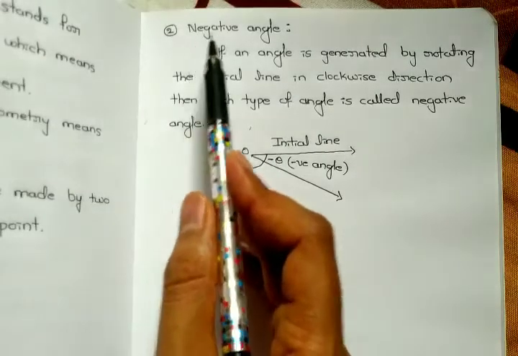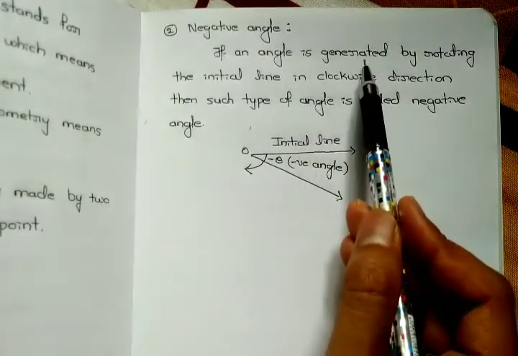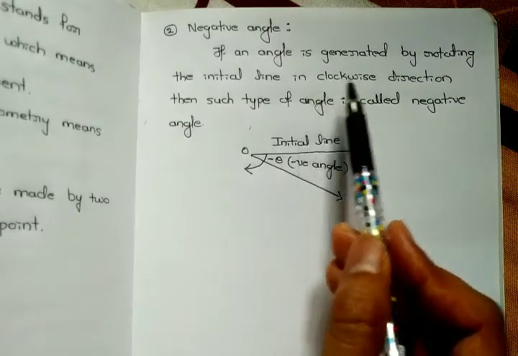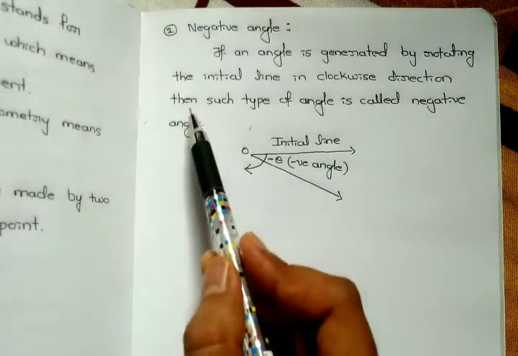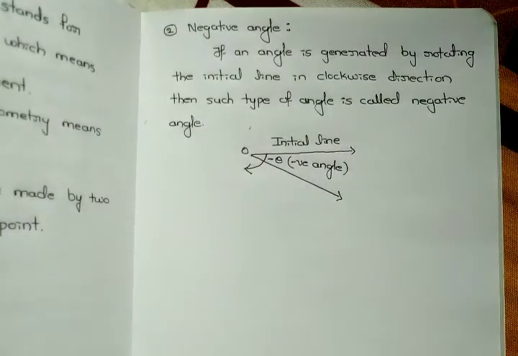Next, second one, negative angle. If an angle is generated by rotating the initial line in clockwise direction, then such type of angle is called negative angle.